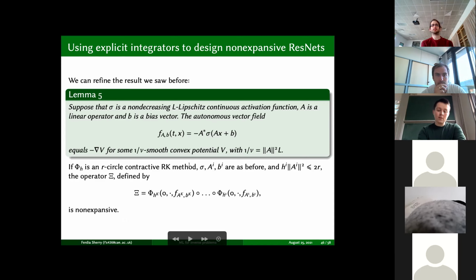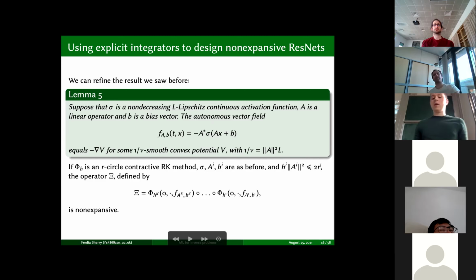Our non-expansive ResNet is going to be composed of this sequence of numerical integration steps along these potentials, where we make sure we have this constraint, and we can ensure this constraint during training just through spectral normalization.